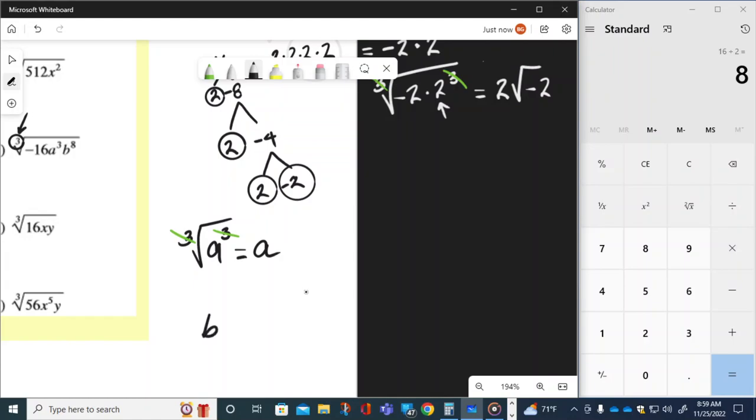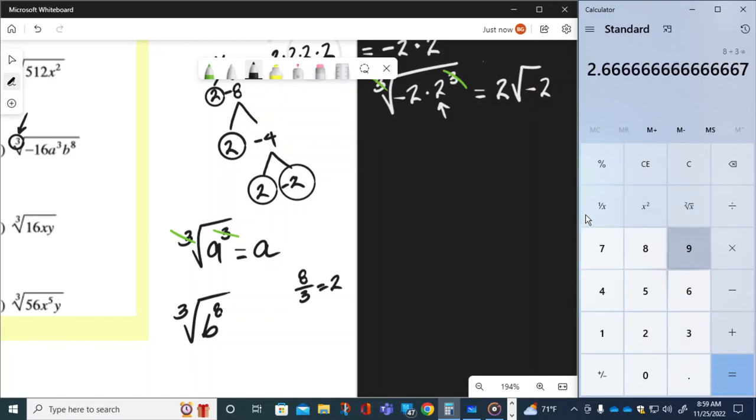Again, B to the power of 8 is in jail, all right? And now you got an odd number here, right? So watch this. How many times 3 fits in 8? Only 2, right? Only 2. And watch this. 8 divided by 3, it's equal to 2.6. So that means a couple of B's are gonna stay in jail, all right?